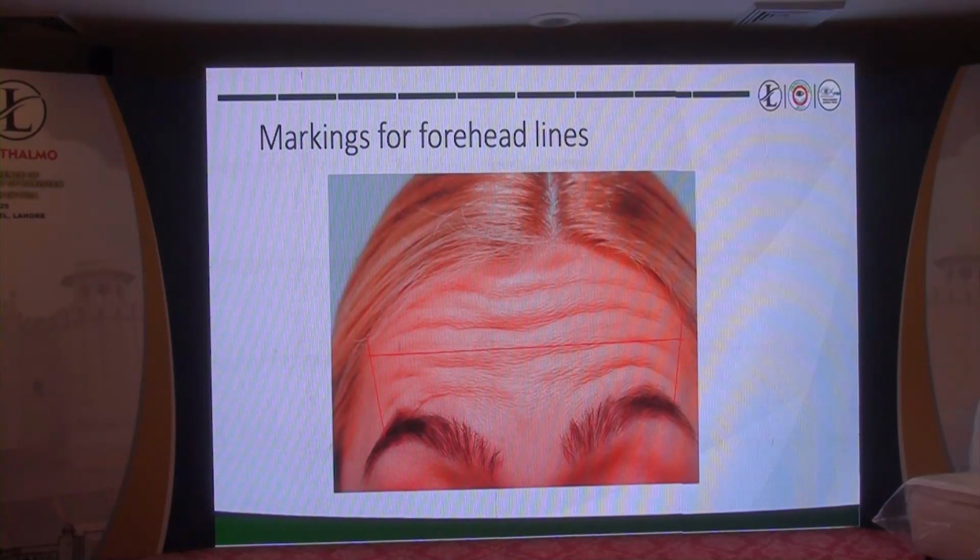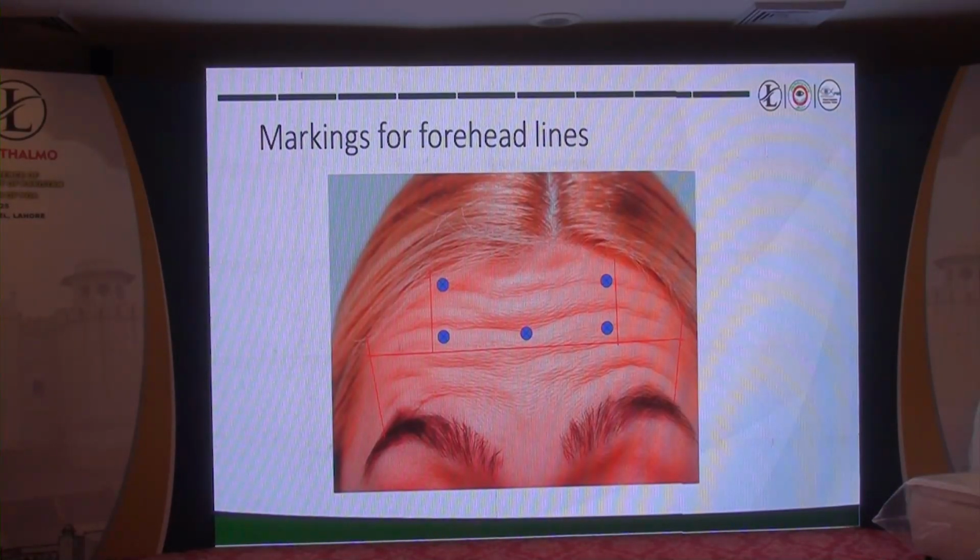This is the no-go, you don't have to treat below that. Then in the upper part of the frontalis, make a box like this and mark 5 points on the margins. The upper center point is usually not treated because that is the aponeurotic part. So there is no use of giving Botox in the aponeurosis. So these are the initial 5 points you will mark.